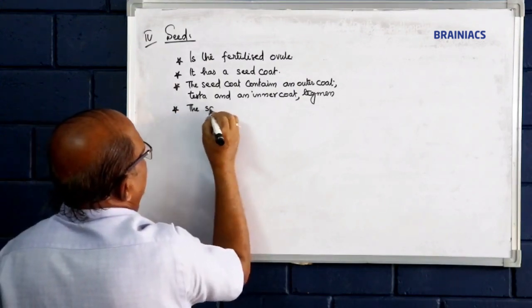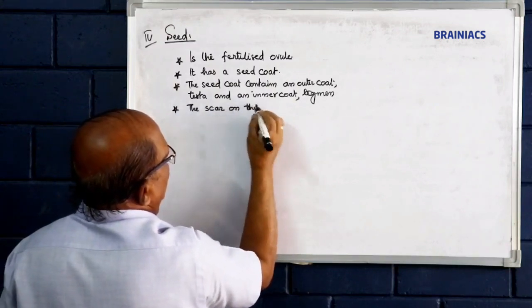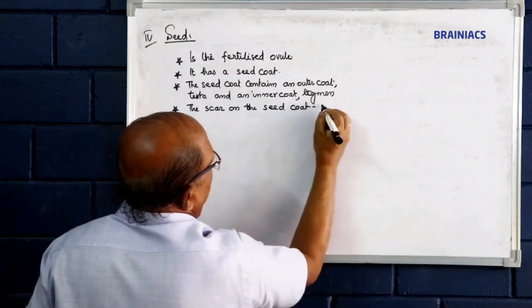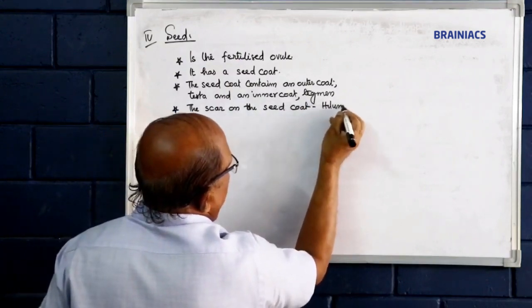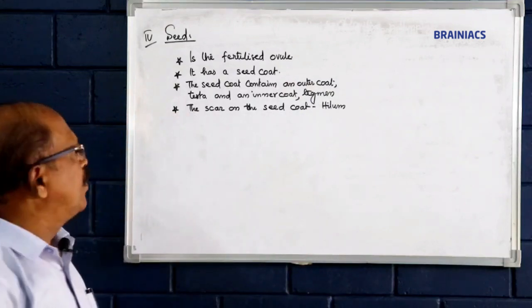The scar on the seed coat is the hilum, where the funicle connected to the body of the ovule.